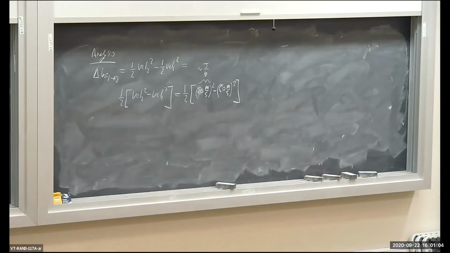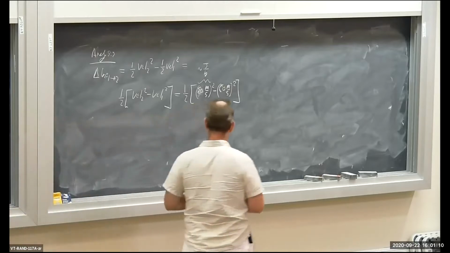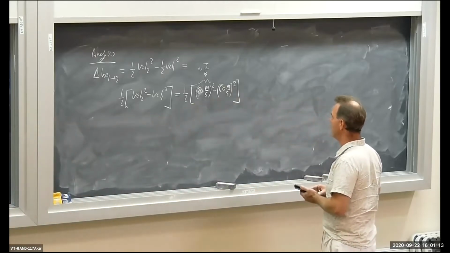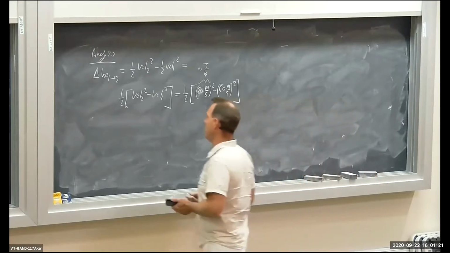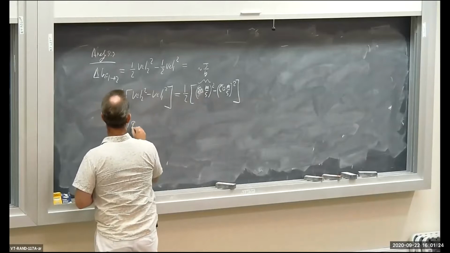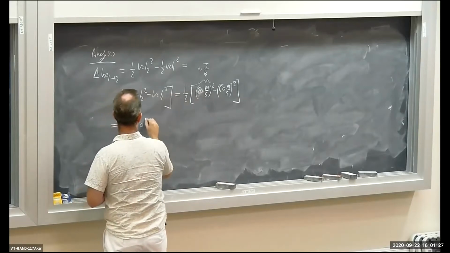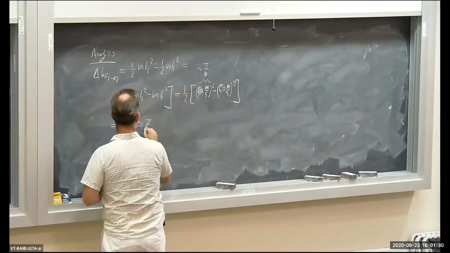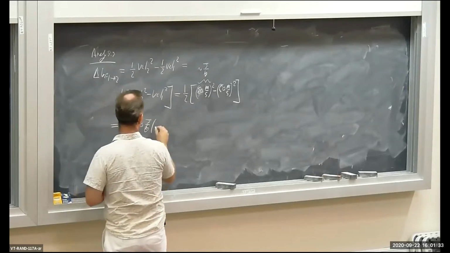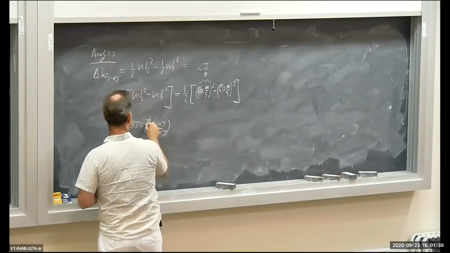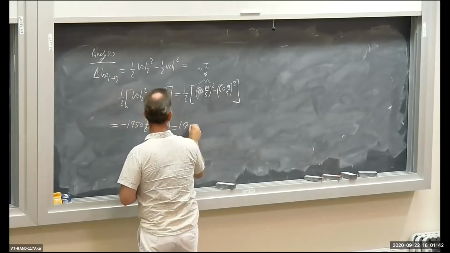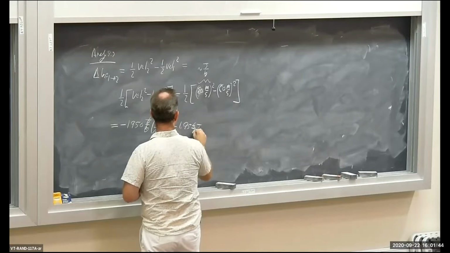So kinetic energy is falling as we go from the inlet to the outlet. 50 squared minus 80 squared, divide by 2, and I get negative 1950 joules per kilogram. Converting that to kilojoules per kilogram, I got 1 kilojoule per 1,000 joules. The joules cancel out, and I get negative 1.95 kilojoules per kilogram.